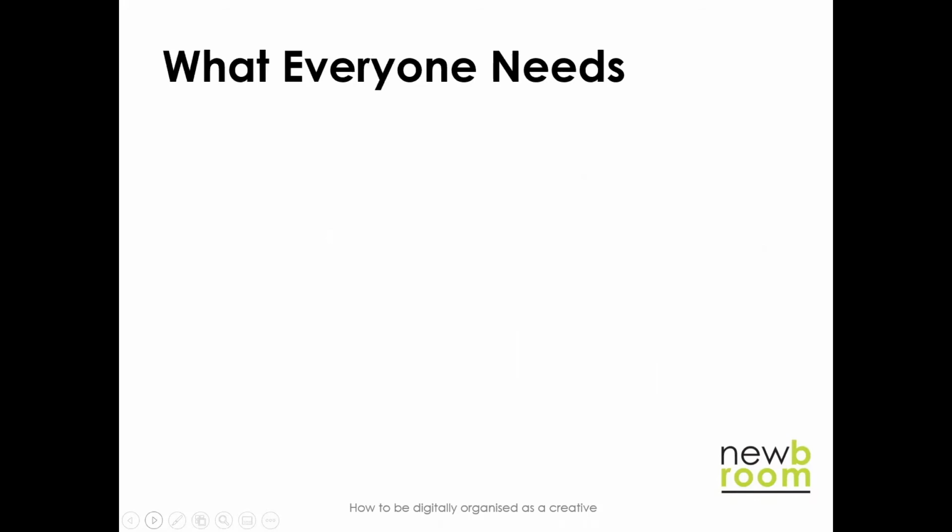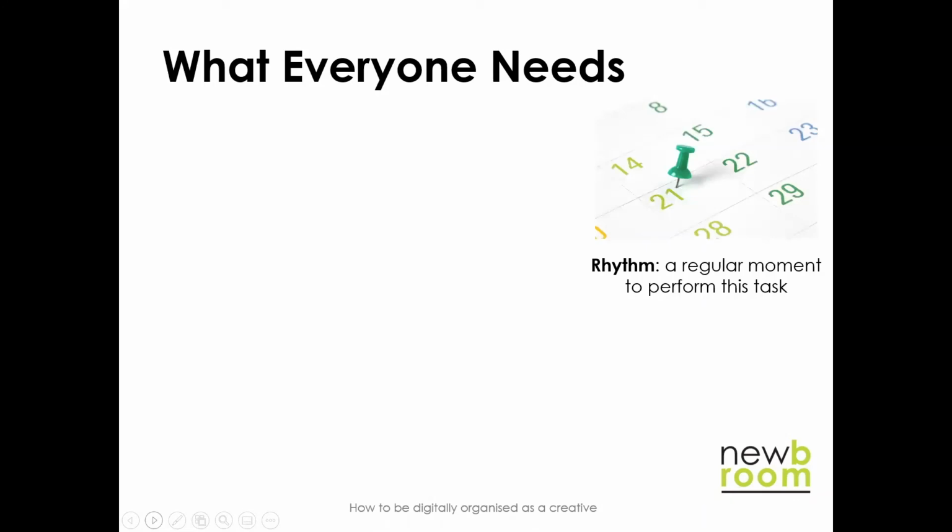Well, I've told you before that it's not one size fits all, but there are three things everyone needs. And first of all, that's a rhythm, a regular moment to perform these tasks. I've told you before that you should rename or name a document anytime you create it, but to get organized, to pay attention to your digital folders, it should require a rhythm.